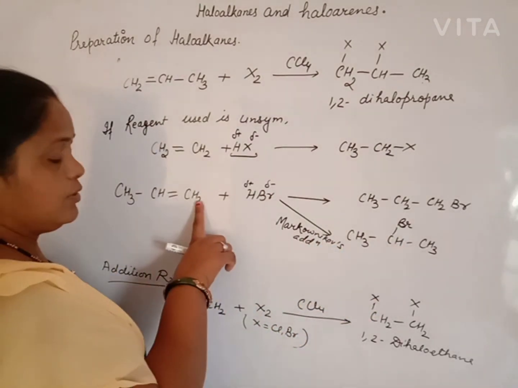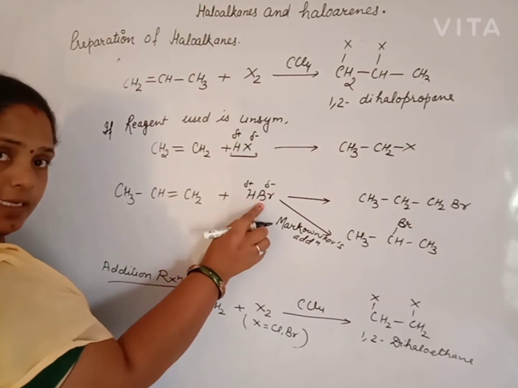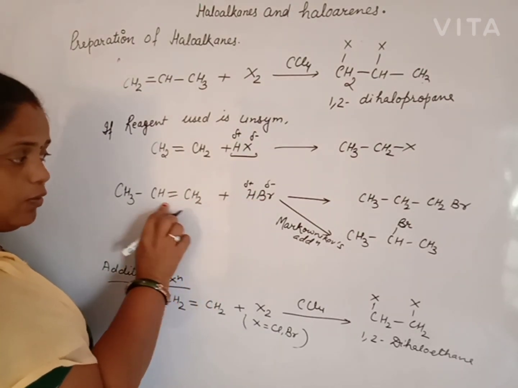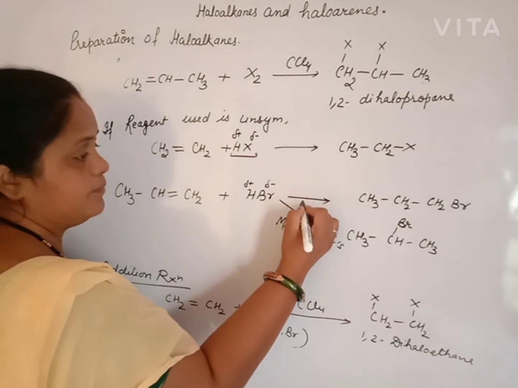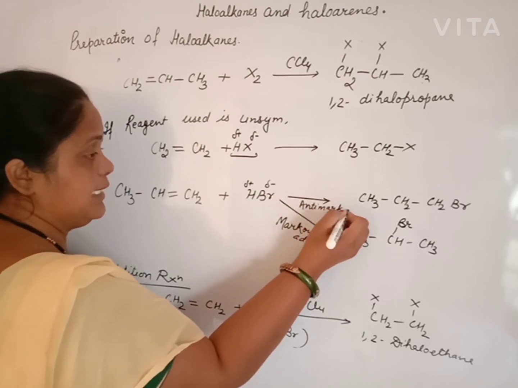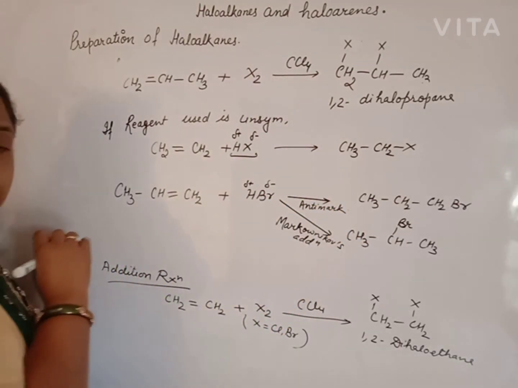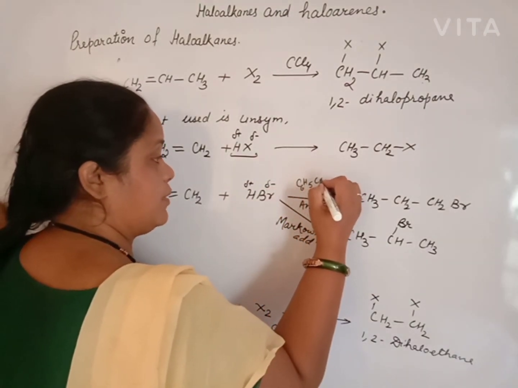If it goes on the carbon with a large number of hydrogen atoms, that is, the negative part of the attacking reagent goes to that carbon of the double bond which has a large number of hydrogen atoms, it is known as anti-Markovnikov addition. But this anti-Markovnikov addition is done in the presence of peroxides. Beta, that is organic peroxide.